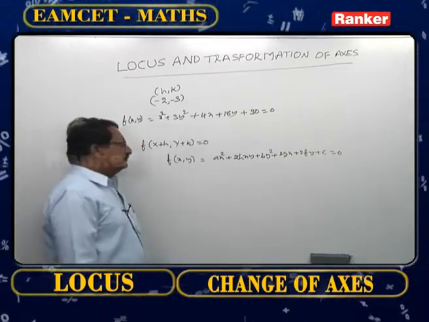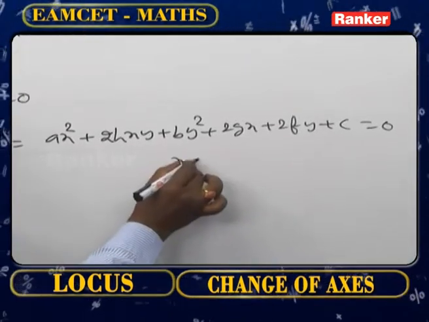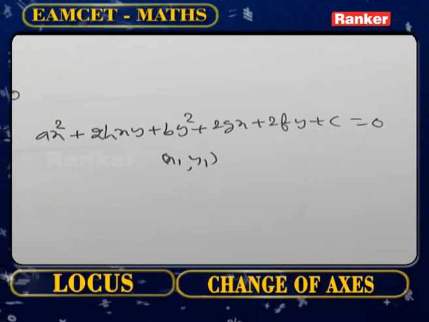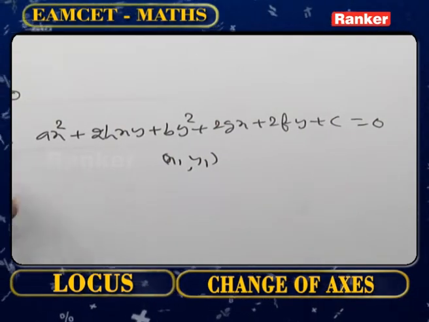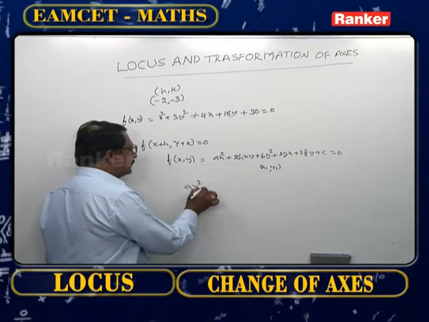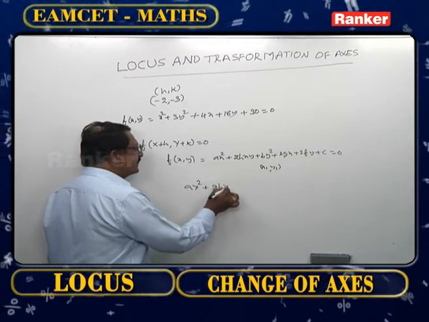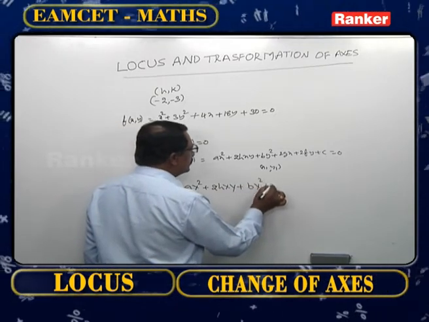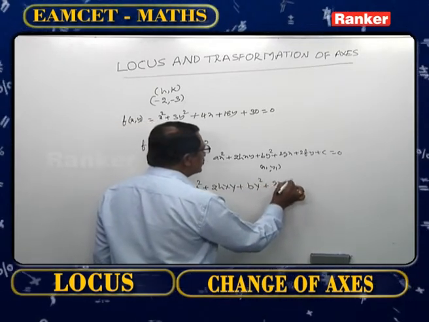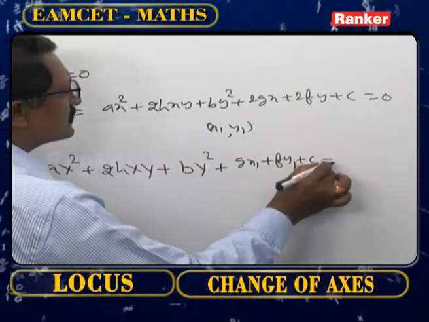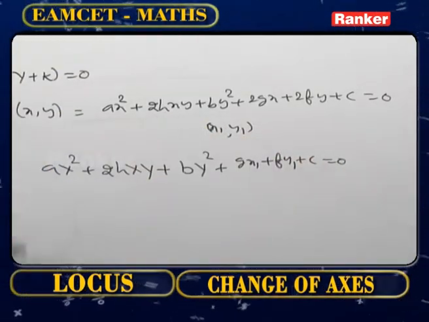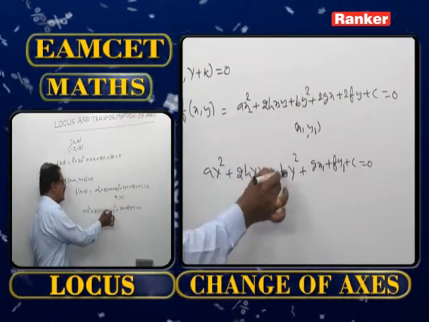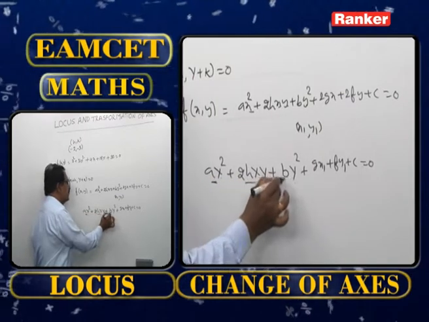If the origin is shifted to the point x1, y1, then the new equation is ax square plus 2hxy plus by square plus gx1 plus fy1 plus c equals 0, where the first degree terms are missing. It means in the new equation the coefficients of x square, xy and y square are the same as they were, with no change.